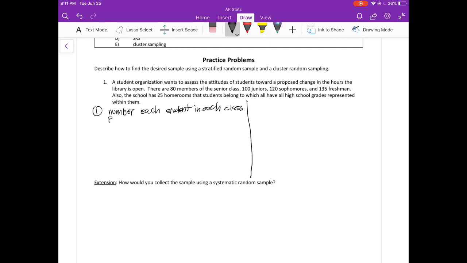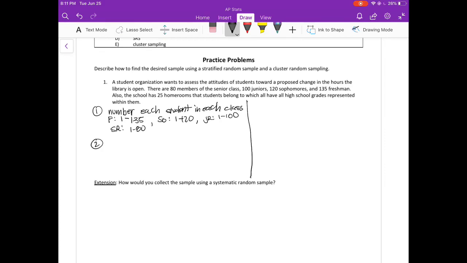So for the freshmen, that would be from 1 to 135. For the sophomores, it's going to be 1 to 120. And then for the juniors, it is 1 to 100. And for your seniors, it's going to be 1 to 80.